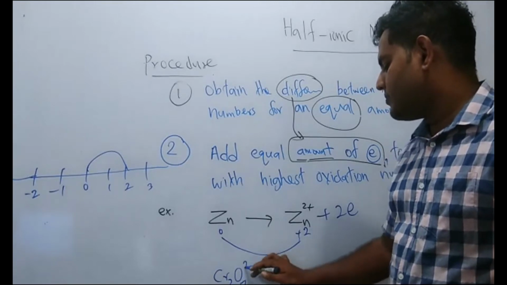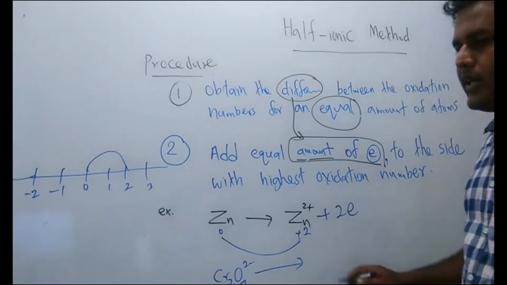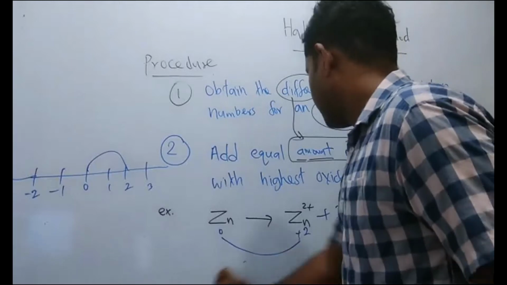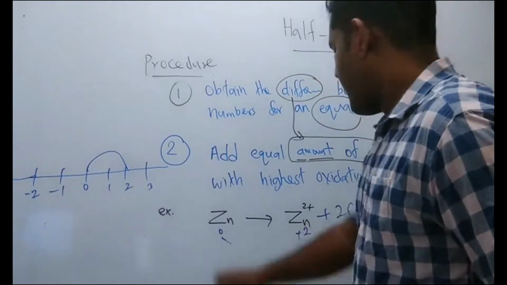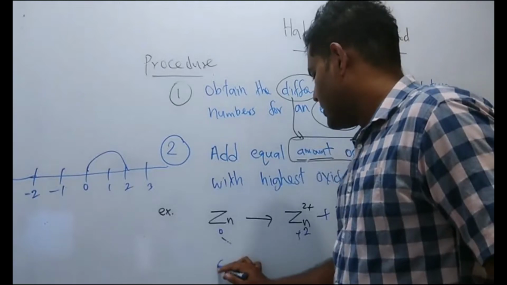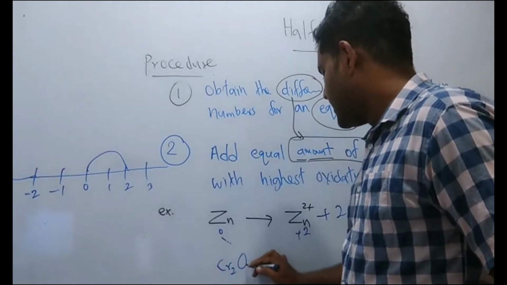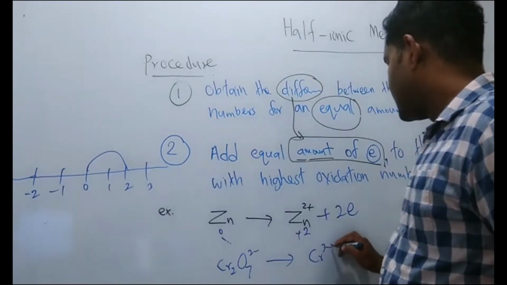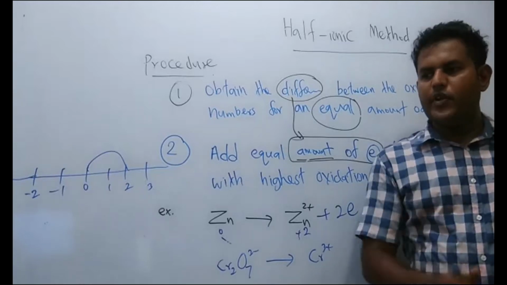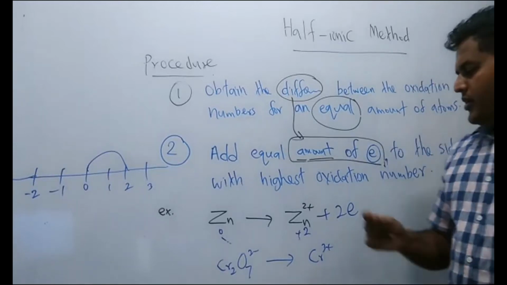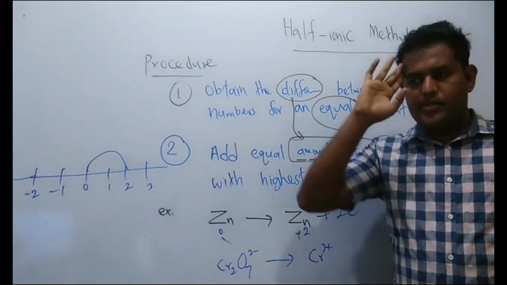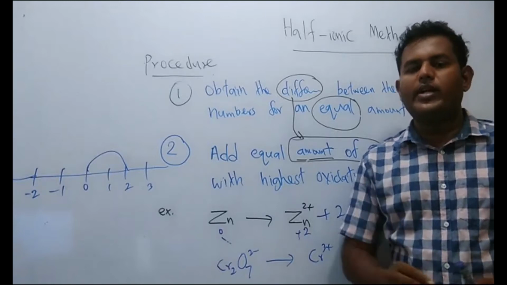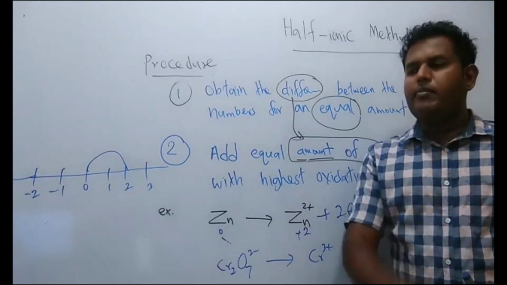Cr2O7 2 minus converts into Cr3 plus. You want to balance this. When balancing, please remember we have to get the oxidation difference for an equal number of atoms.